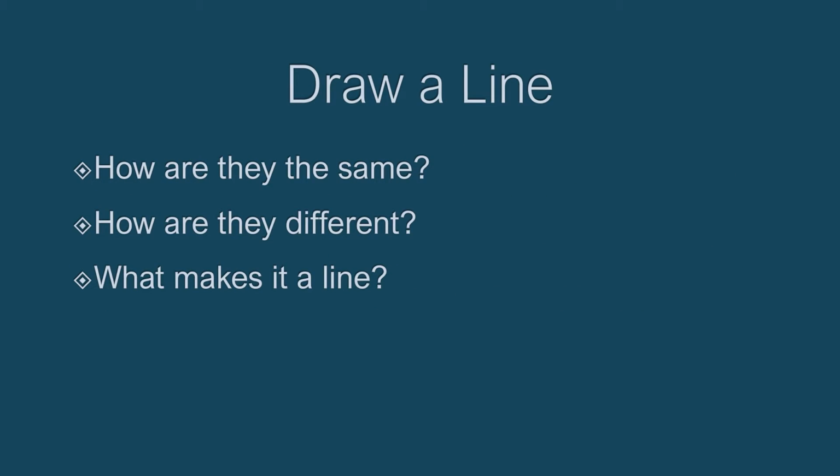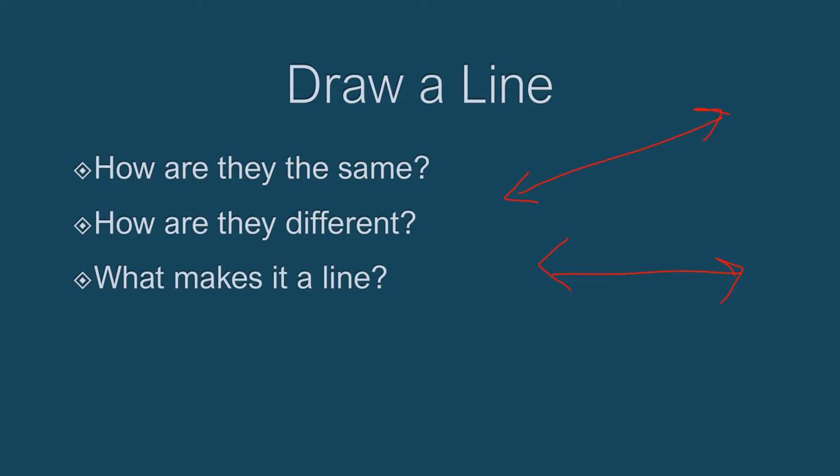So first of all, I want you to draw a line on your piece of paper or your notebook paper, whatever you want. So draw a line, okay? And then draw another line. How are these lines the same? When we draw a line, lines always extend in opposite directions infinitely.